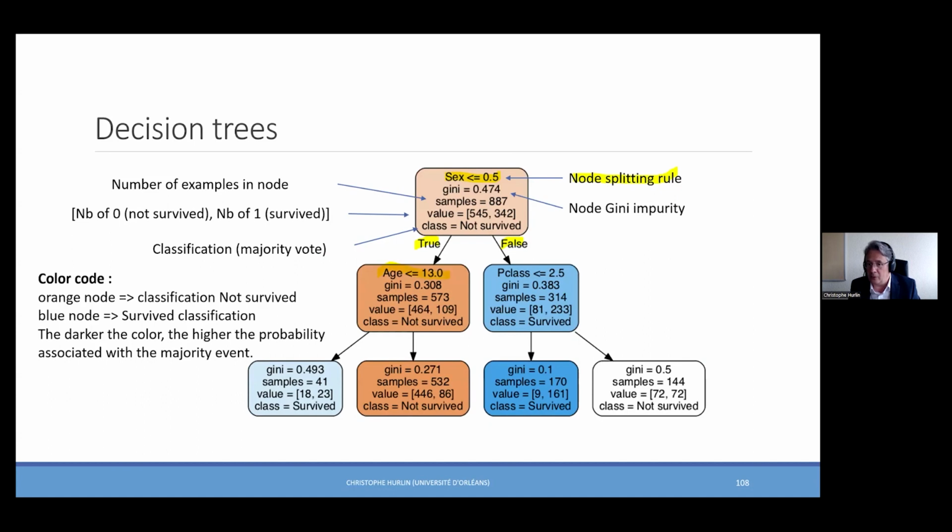Here, I have another decision rule based on the age. If the age is under 13, we're on the left. If it's over 13, we're on the right. Here, we have a decision rule based on the class. If the class is equal to 1 or 2, we are on the left. If the class is equal to 3, we are on the right, because you have 3 classes in the sample.